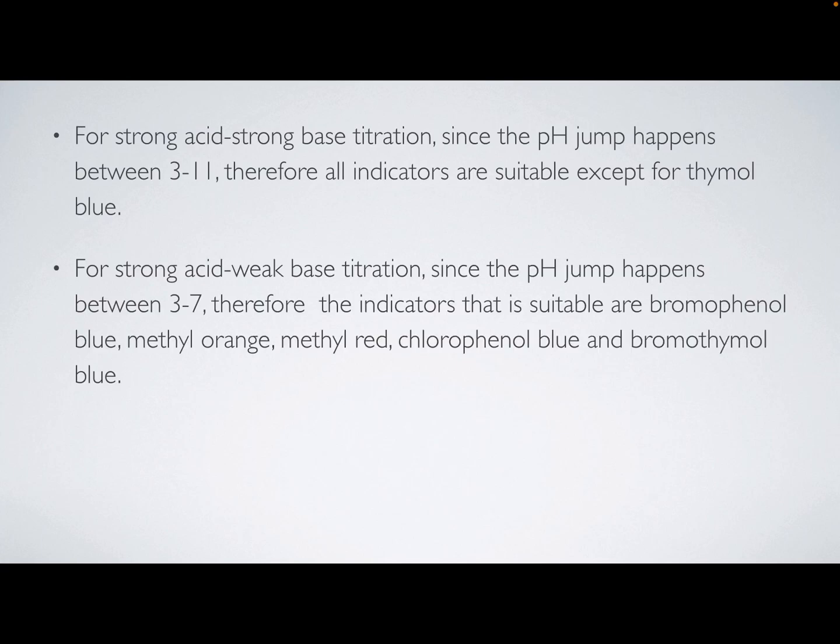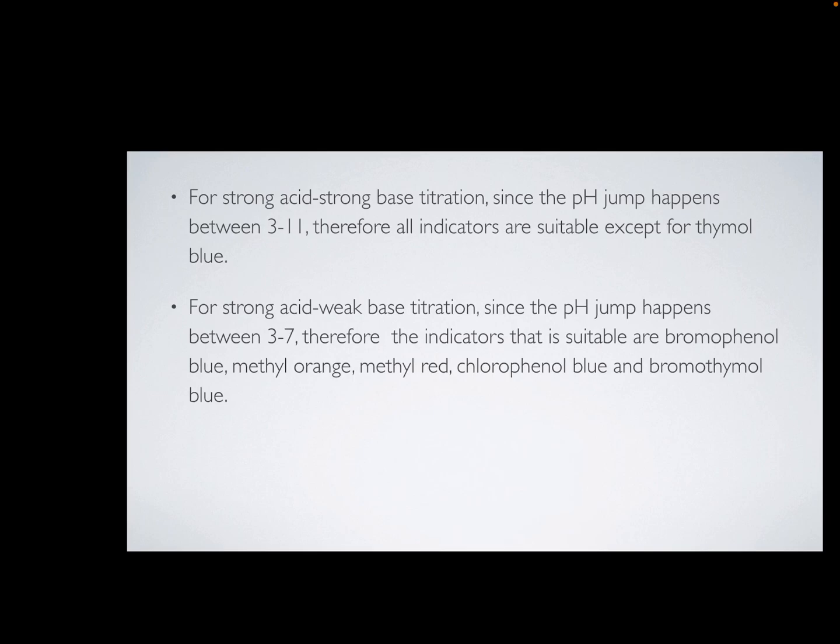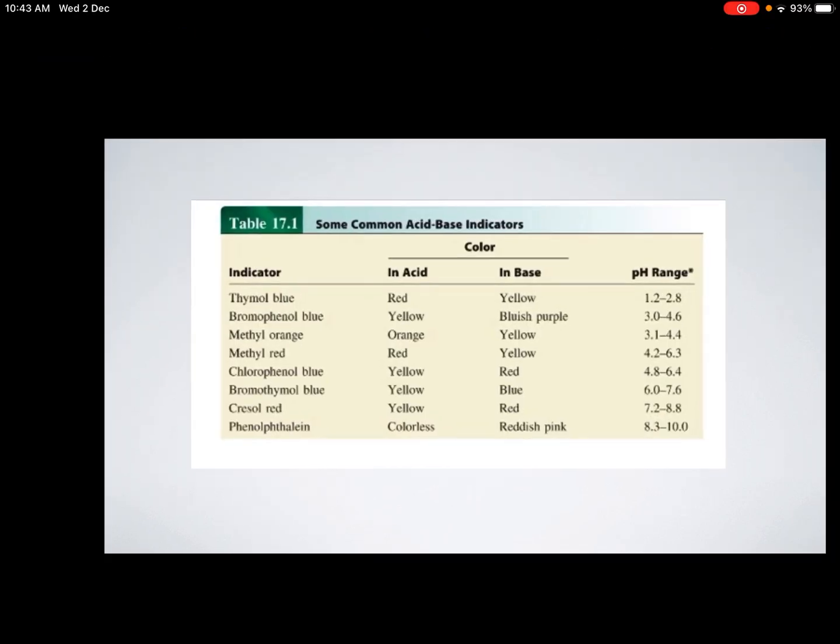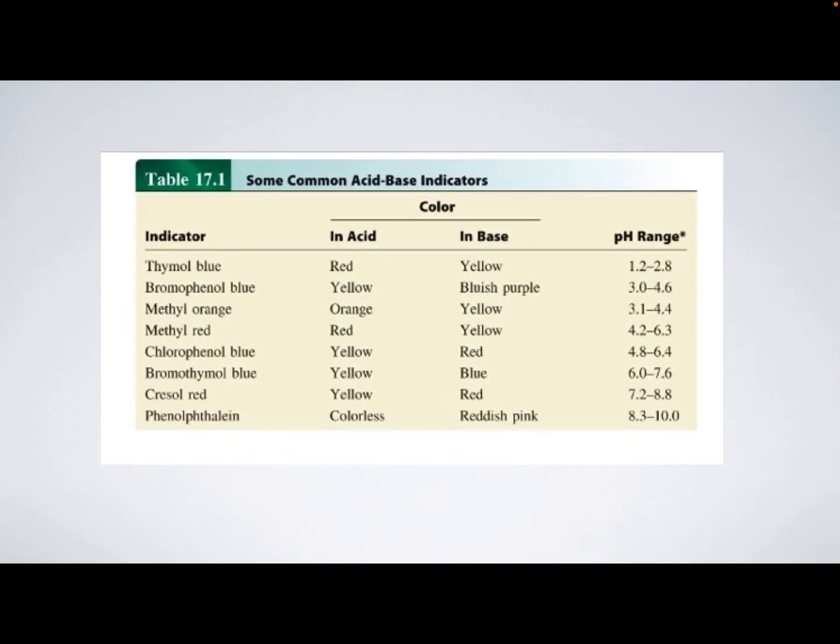Okay. For strong acid, weak base pula, okay, since the pH jump happens between 3 to 7, therefore the indicators that are suitable are bromophenol blue, methyl orange, methyl red, chlorophenol blue and bromothymol blue. So kita check balik betul ke tidak. Okay. There kita punya pH jump berlaku between 3 to 7.